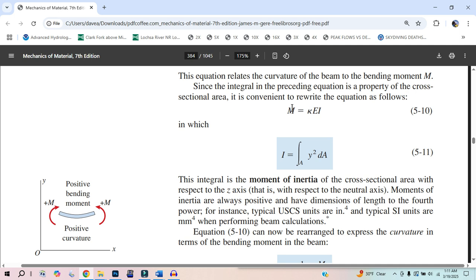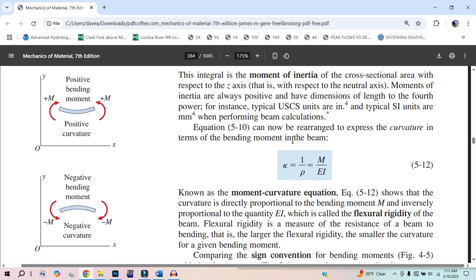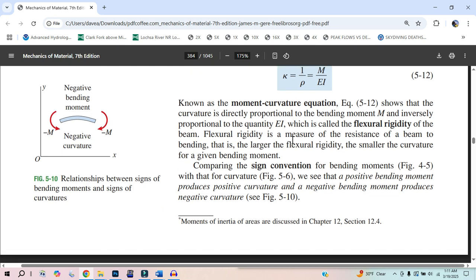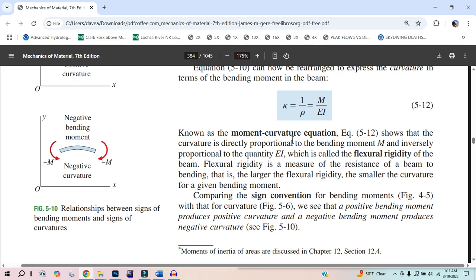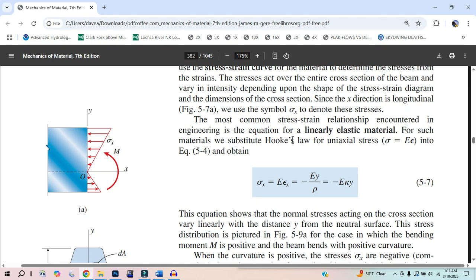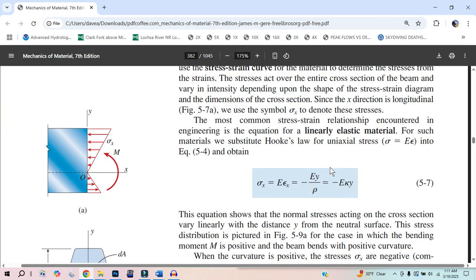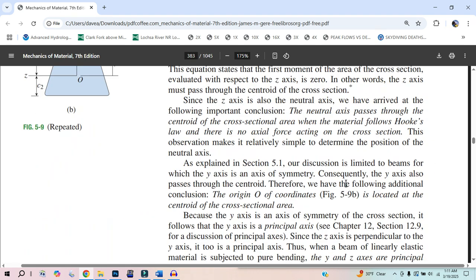We say curvature is the moment divided by EI. And now we can put this back into our stress. So instead of going forward, let's go back. This stress is equal to negative E times curvature times y. I want stress as a function of y. I just didn't know what the curvature is, but now we do.